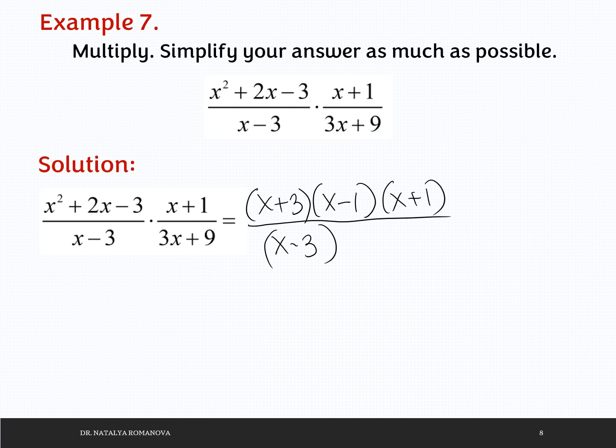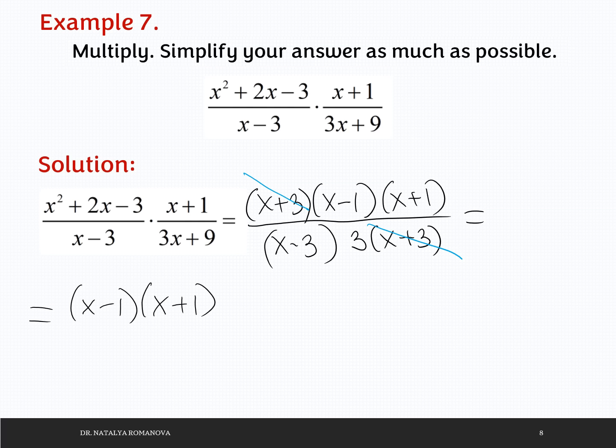For 3x plus 9, the common factor is 3, so we can write 3 times (x plus 3). Now we can see we have the common factor x plus 3 in the numerator and denominator. We can cancel out. We have (x minus 1) times (x plus 1) over 3 times (x minus 3).